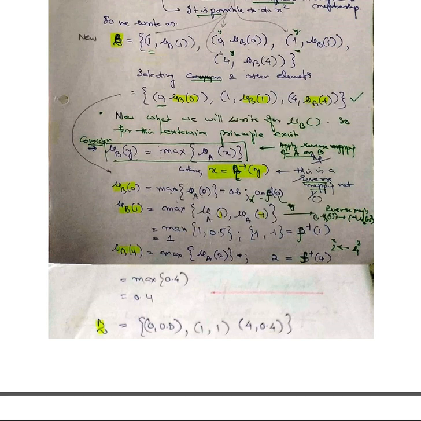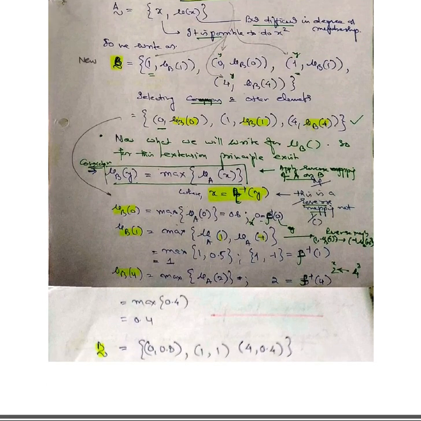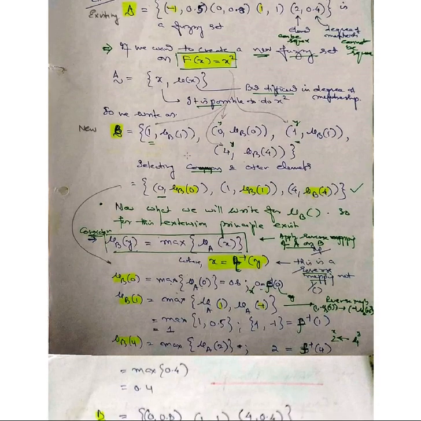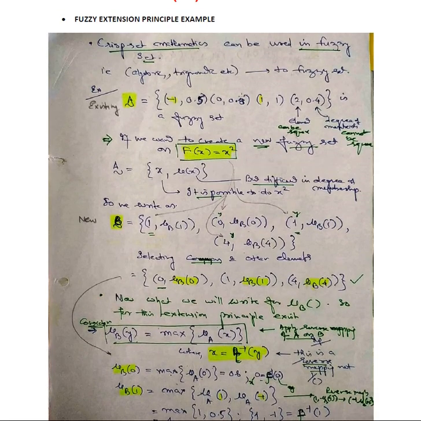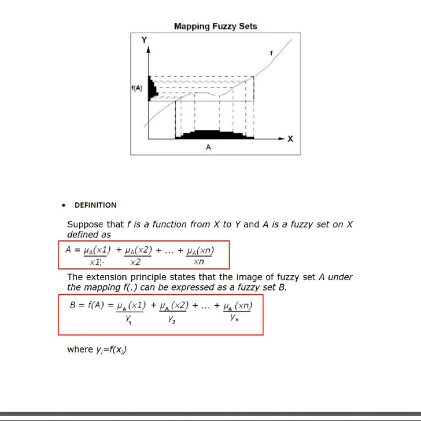Now let us take mu B of 0. Mu B of 0 is equal to 0.8. You can see that mu B of 0 in A was 0.8. And why have we selected 0.8? Because mu A was mu A of x1, but when it became a fuzzy set B, your y has changed as compared to x, but the membership remains the same.